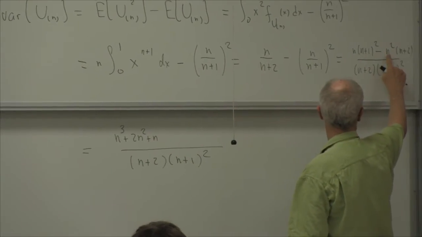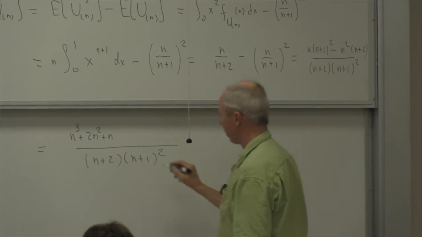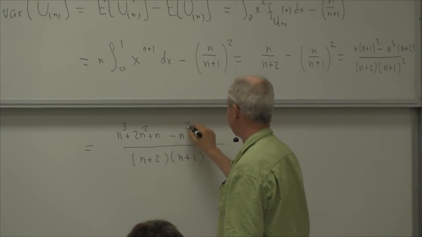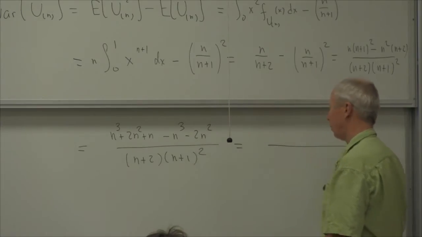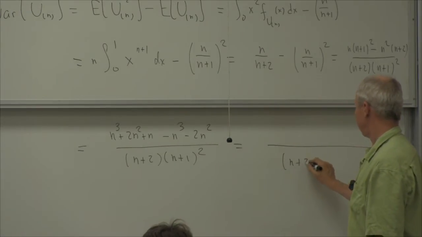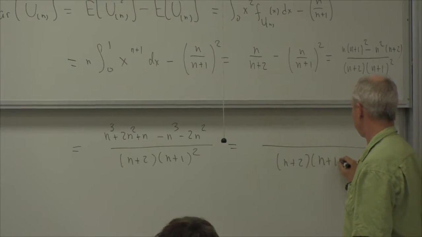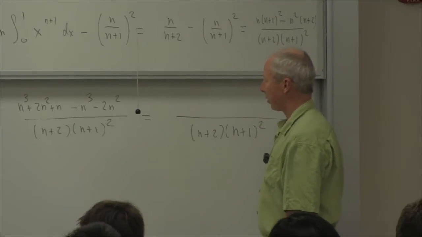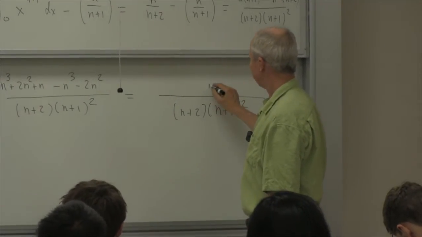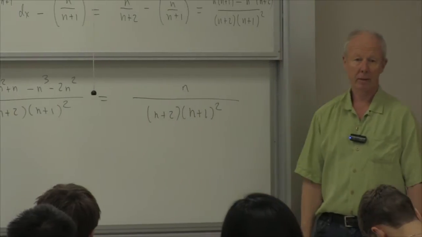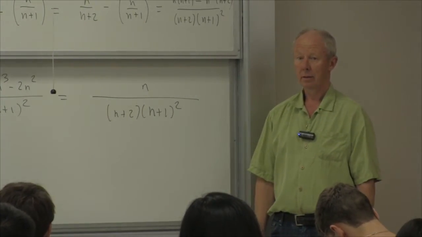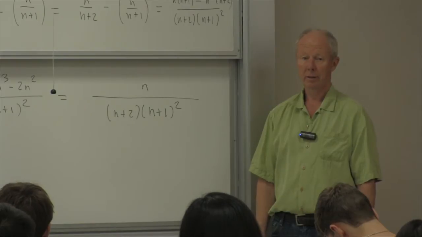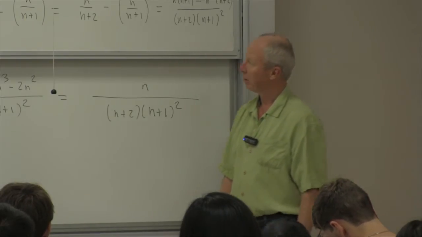And here I get minus n cubed minus 2n squared. For a grand total of what? N over that. Just n is left. Okay. So there's the variance of U_n.